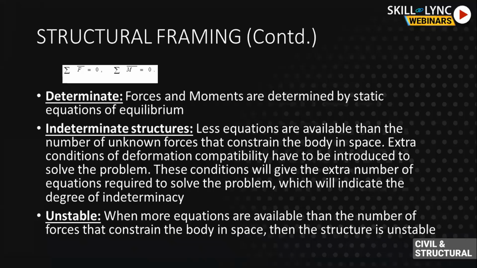If the number of unknowns is equal to the number of equations, then we can solve it, so it is a determinate structure. If we have fewer equations, it is an indeterminate structure. And if we have more unknowns than equations, it will be an unstable system. This is the mathematical interpretation of structural framing.